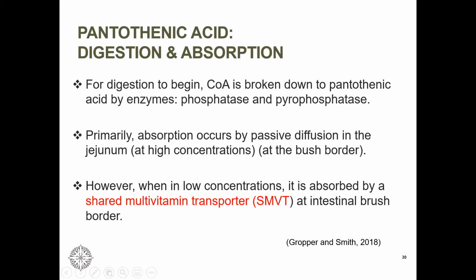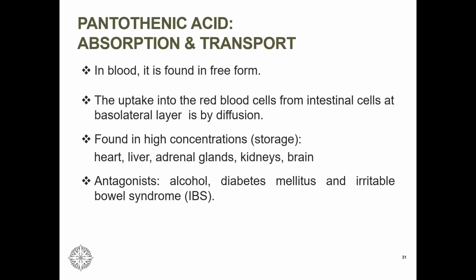Okay, so we digressed a little, but that's okay. Now we are talking about pantothenic acid. In the blood, it is moving in a free form, taken up into the red blood cells. So what does uptake mean?